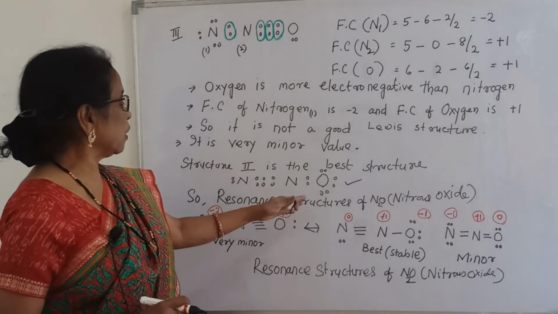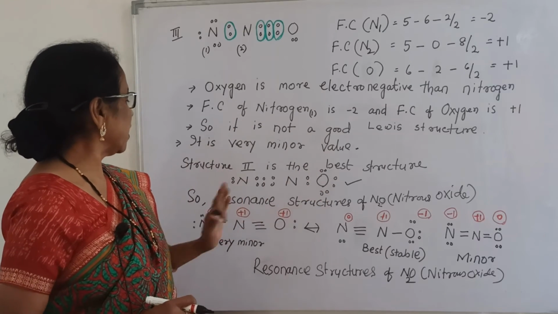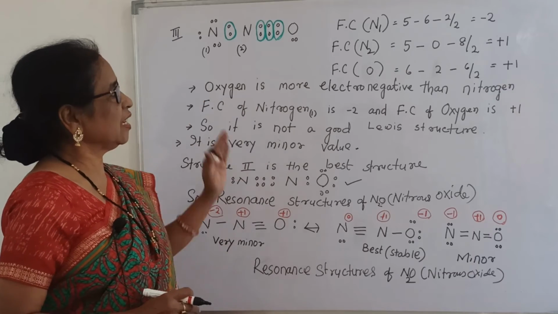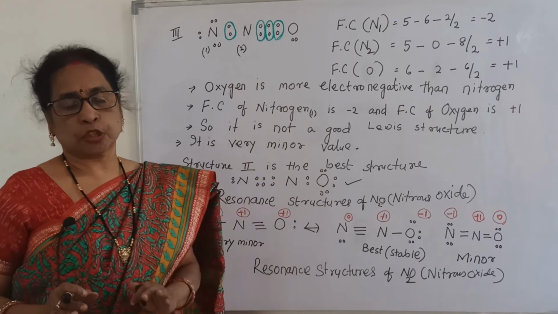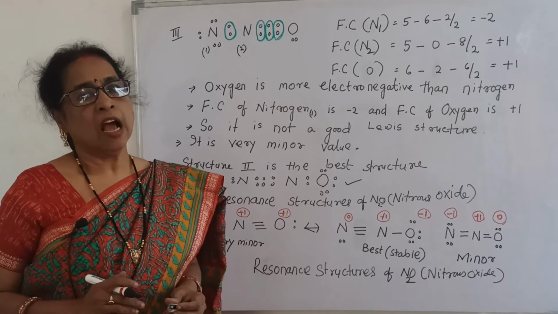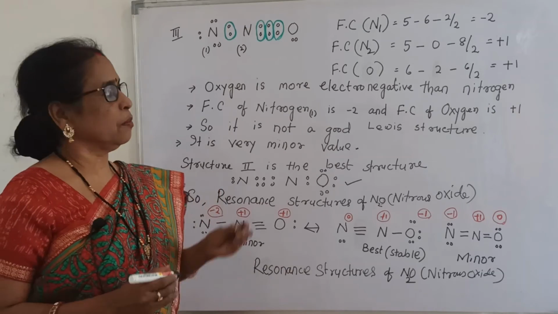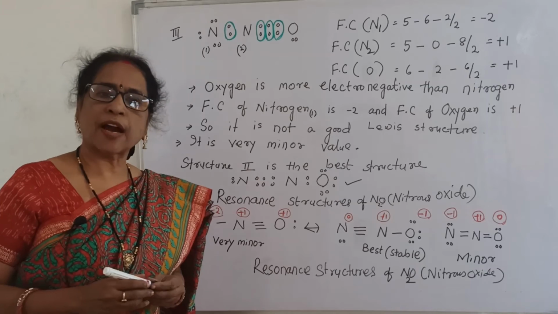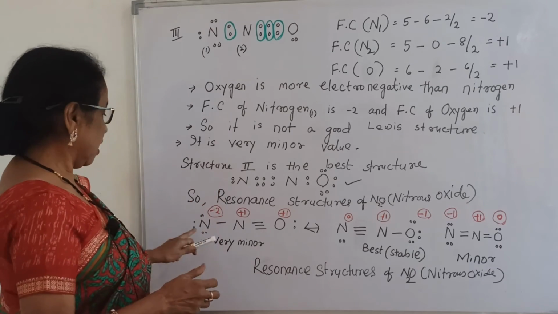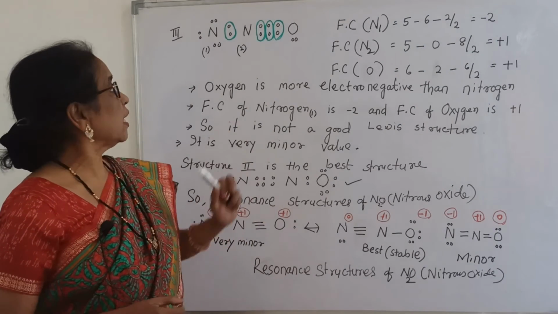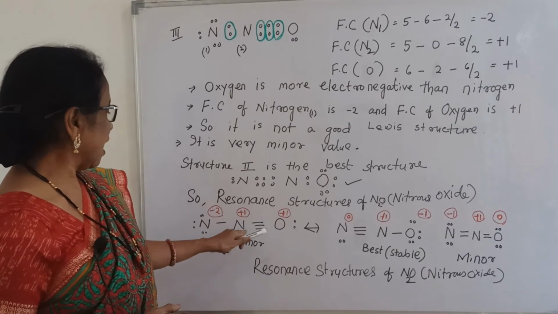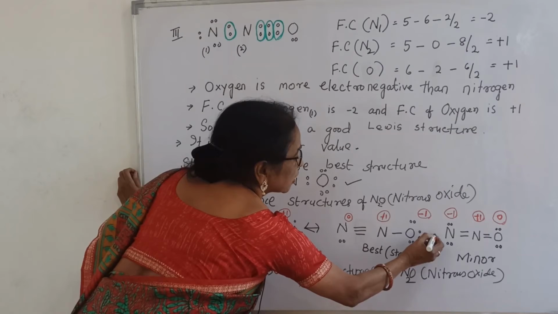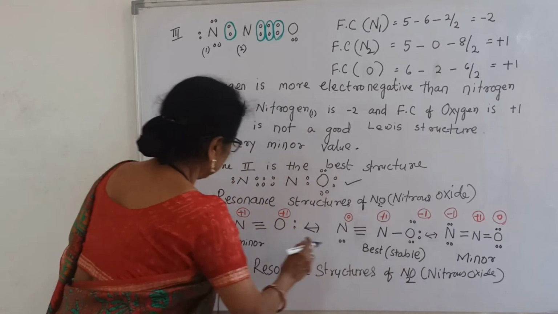Now you can compare also. This is 8 octet, this is 8 octet, this is 8 octet. Generally structure 1, structure 2, structure 3 all are having 8, that means following the octet rule. But important, the formal charge value is not satisfied by 1 and 3 here, but here I have mentioned in a different way, and here I have written that resonance structure.